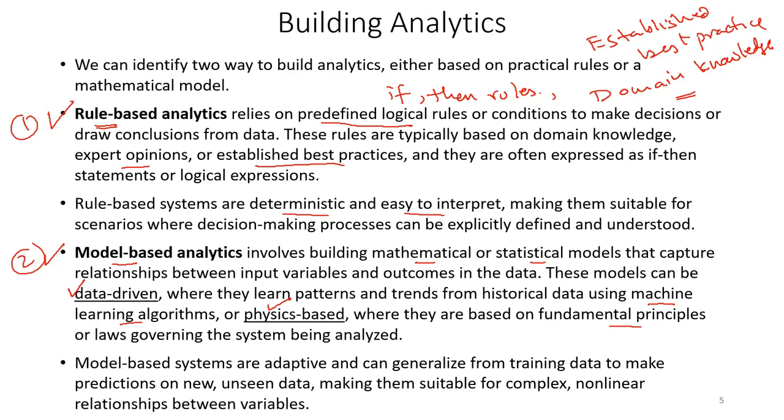Model-based analytics is particularly powerful because it is adaptive, meaning it can learn from the data and generalize to new unseen situations. That makes it well suited for complex nonlinear systems, where traditional rule-based methods might fall short. Depending on the application, we can choose between these approaches or even combine them into a hybrid model for robust industrial analytics.